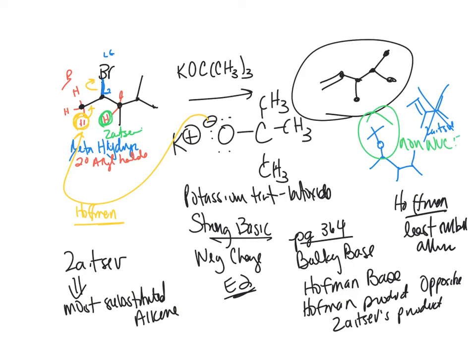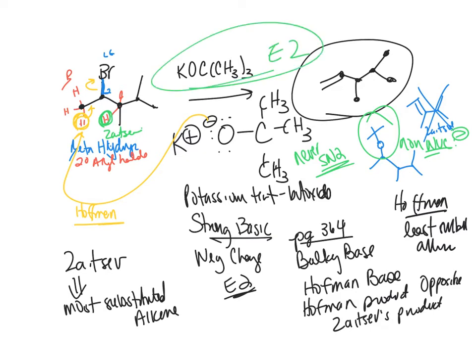Okay, so they're never going to add and do substitution. So with these bulky bases, you're never going to get an SN2 reaction. Okay, this is going to be only E2. And these are Hofmann, so you're going to get the least substituted. And the other option here is the wrong beta hydrogen.